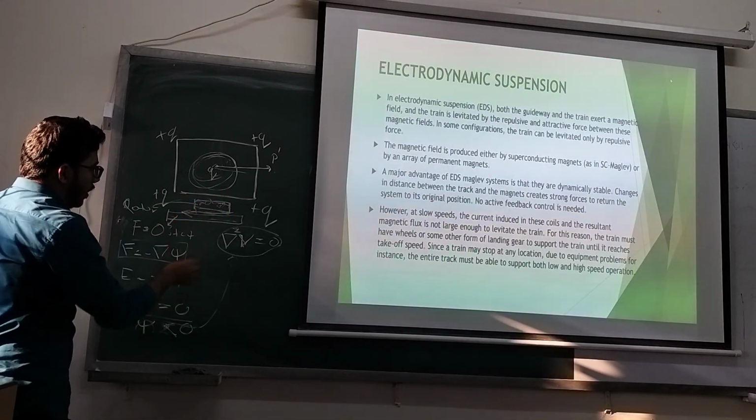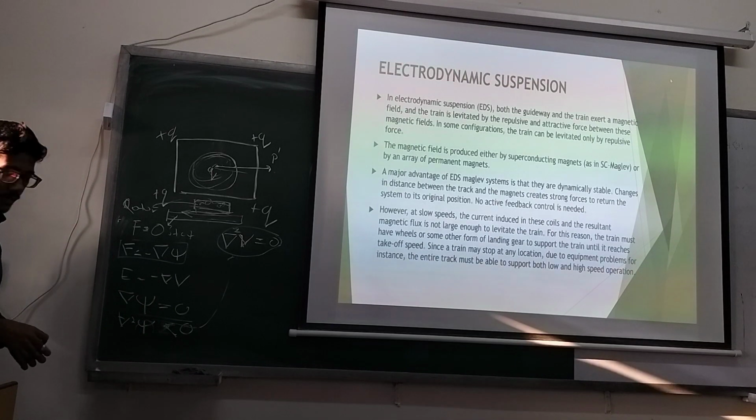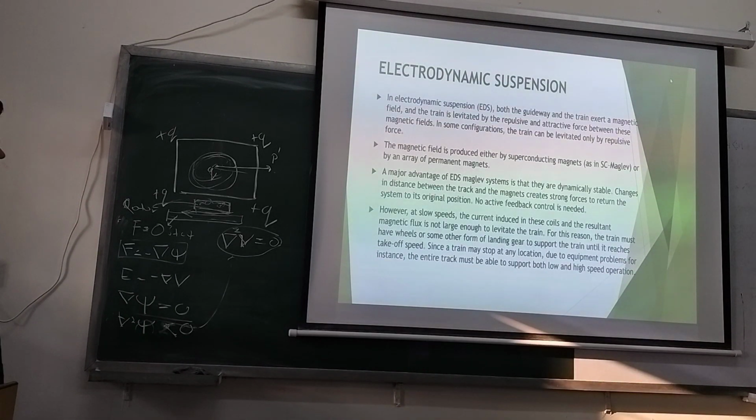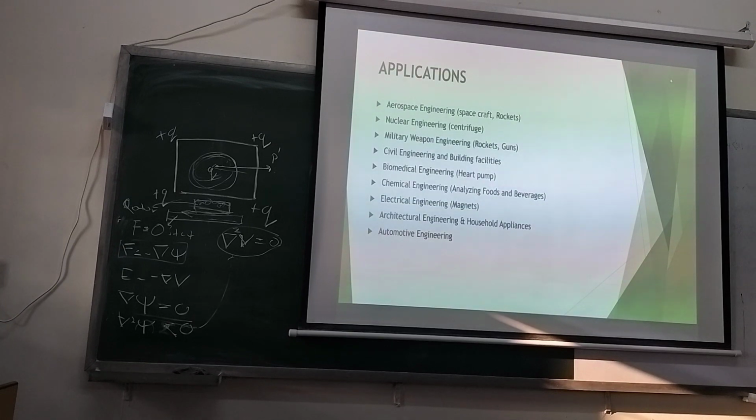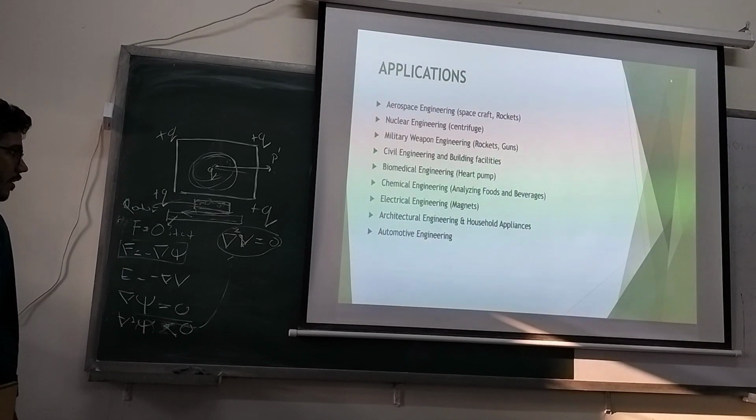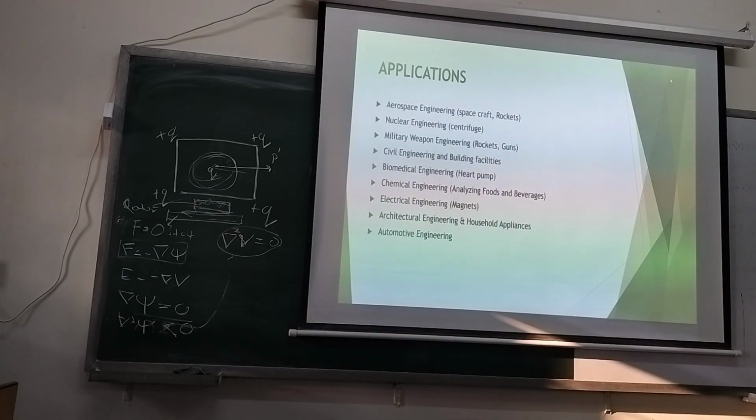So this is how the propulsion system works for maglev trains. Now, these are the common applications in aerospace engineering, spacecraft, rockets, nuclear engineering, military weapon engineering, civil engineering and building facility, biomedical engineering, chemical engineering, electrical engineering, architectural engineering, and automotive engineering.